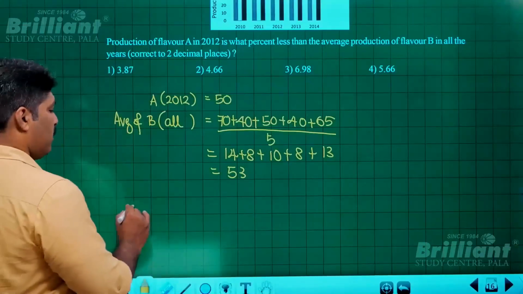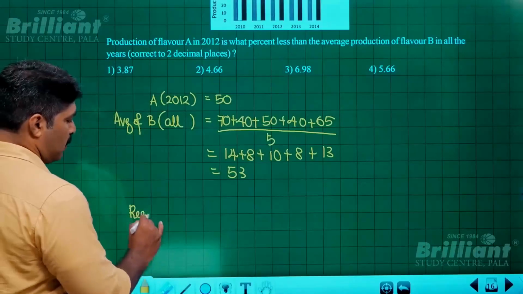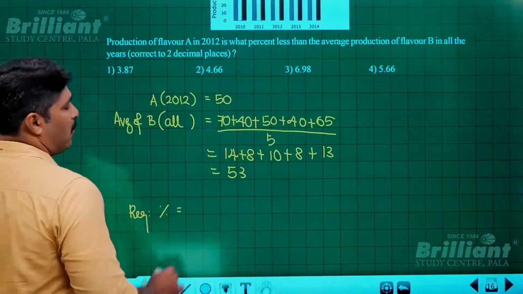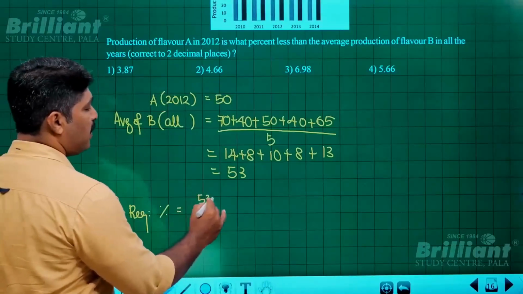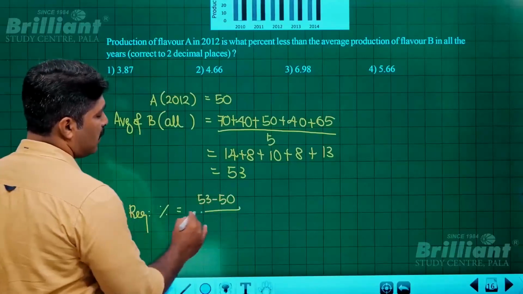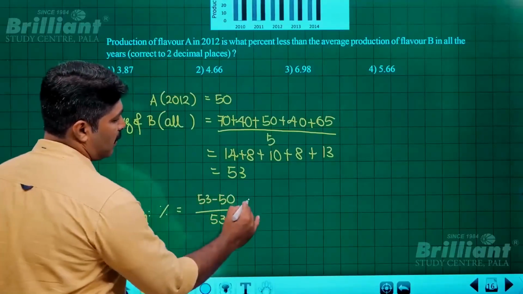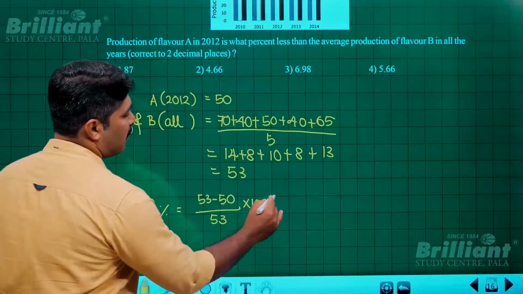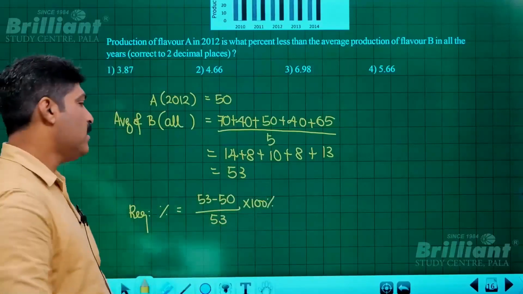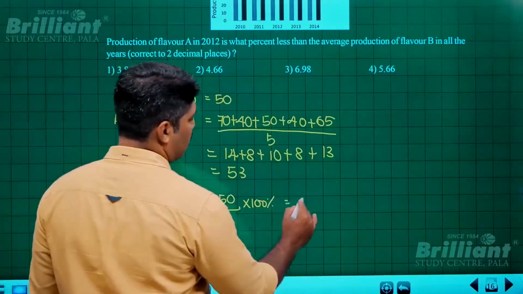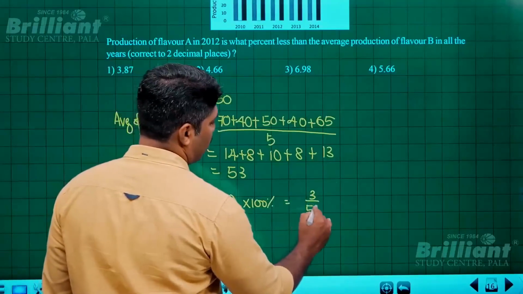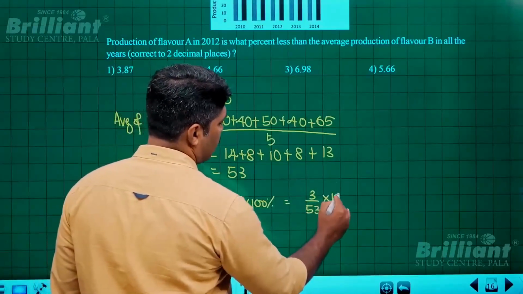So the required percentage: 50 is what percentage less than 53? That's simply 3 by 53 into 100%.